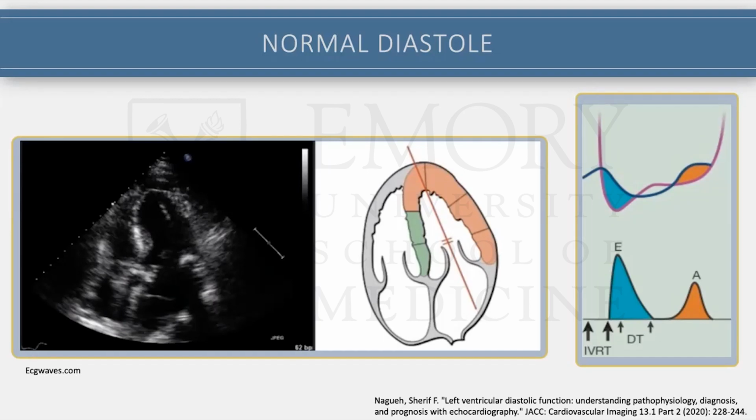We put the sample volume right at the tip of the mitral leaflets and measure flow. In early diastole we expect flow through this area, and we see that with what we call the E wave for early diastole. Then with atrial systole at the end, we expect flow again, and we call that the A wave for atrial systole.